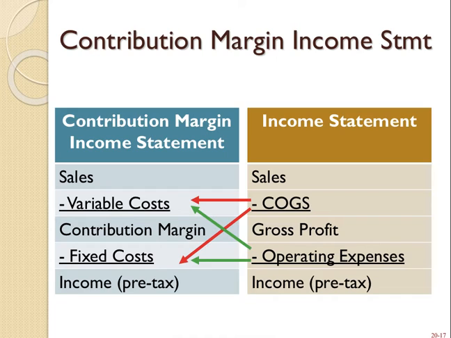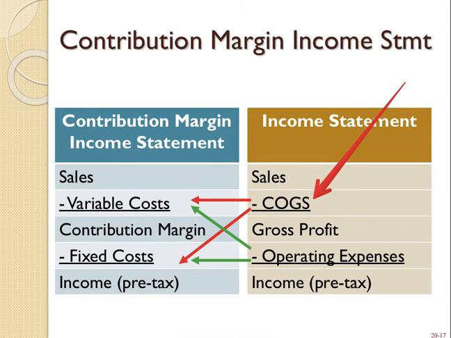The regular income statement that you have learned is sales minus cost of goods sold equals gross profit, minus operating expenses equals pre-tax income or operating income. So what we're doing here is just rearranging this income statement. Within cost of goods sold, some elements are variable and some elements are fixed.